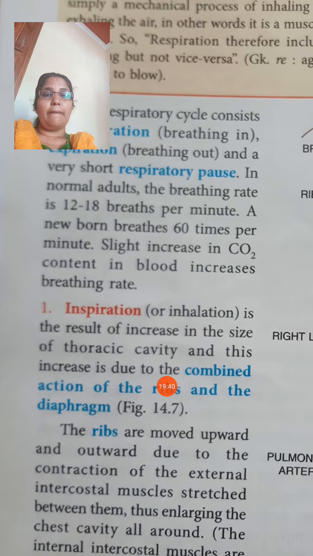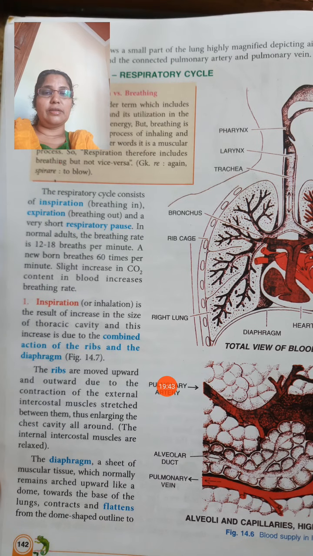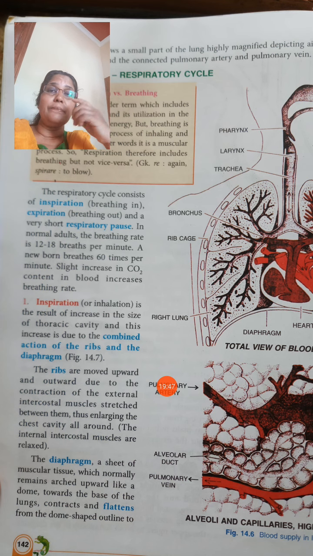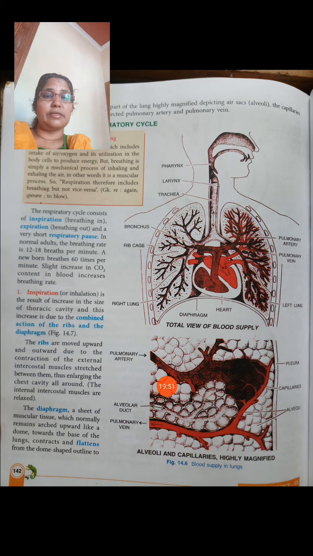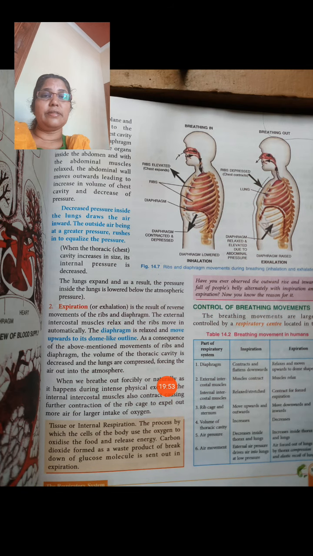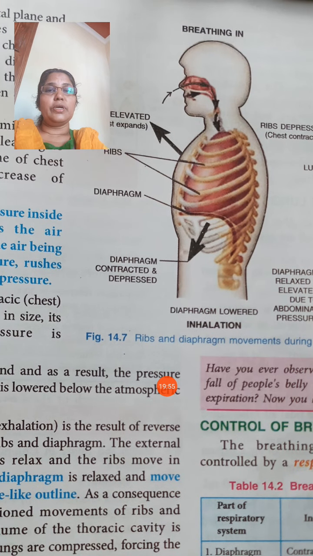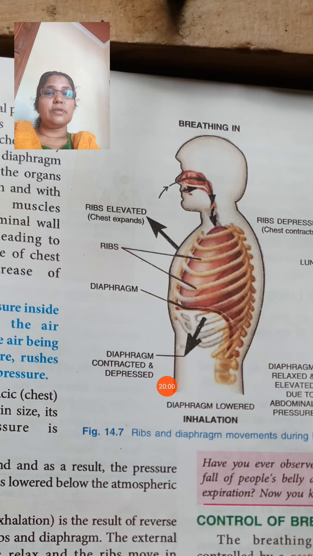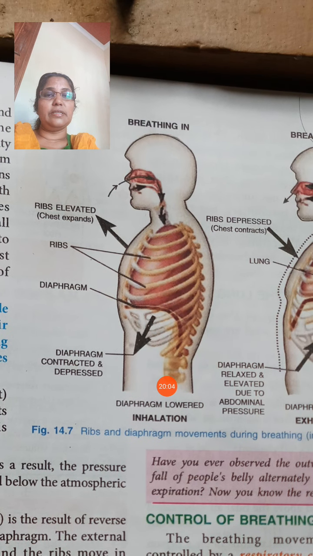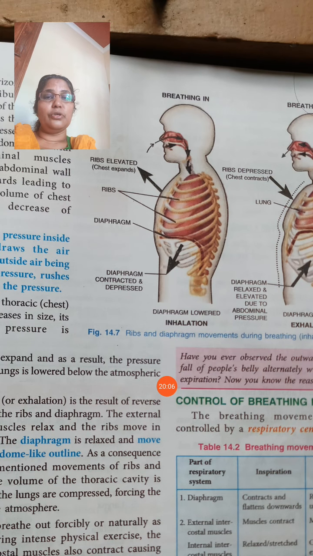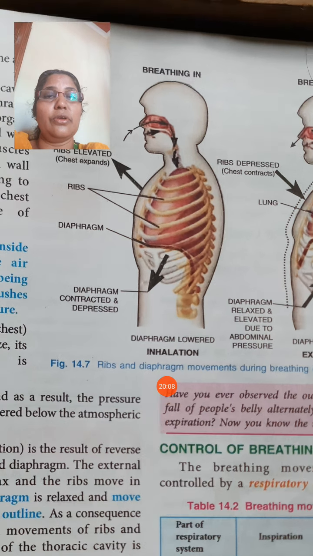Then inspiration and exhalation. Inhalation and exhalation are the two mechanical processes that take place inside the lungs. How does it occur? Here you can see the ribs and diaphragm taking part in doing so. Here you can see the ribs.